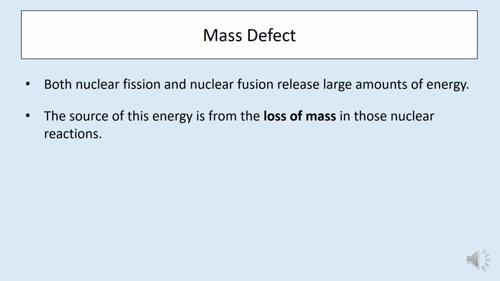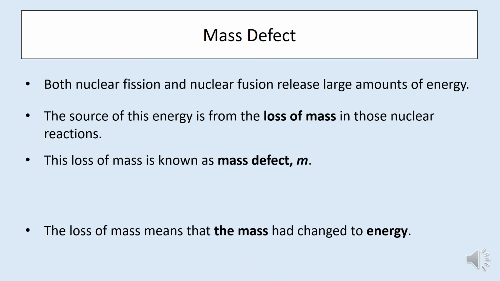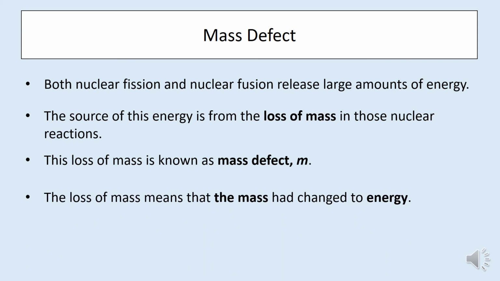This source of energy is from the loss of mass in those nuclear reactions. This loss of mass is known as mass defect. The loss of mass means that the mass had changed to energy.